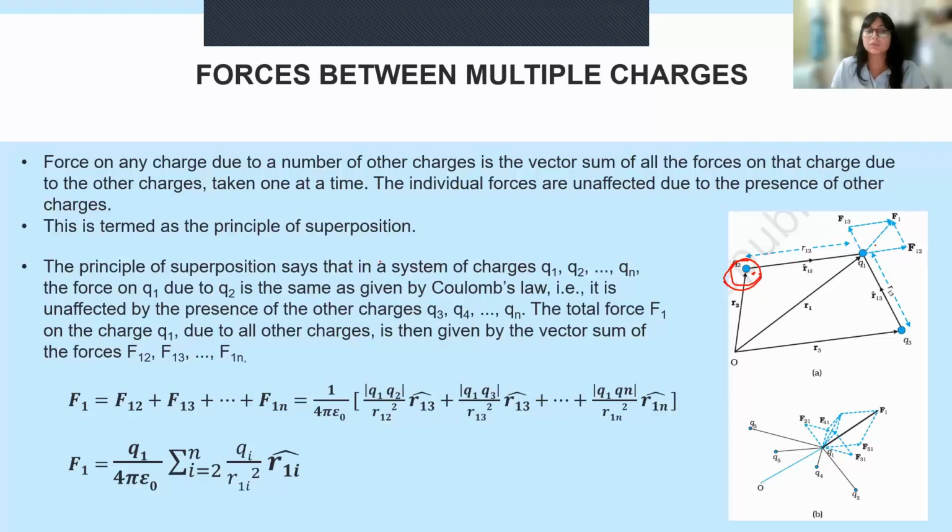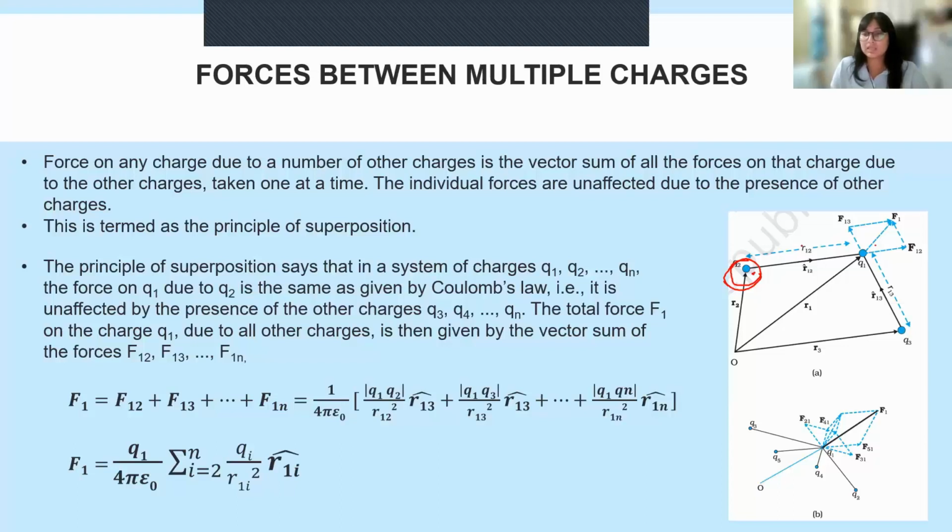The principle of superposition says that in a system of charges, say from Q1, Q2 to Qn, the force on Q1 due to Q2 is the same as given by Coulomb's law, and it is unaffected by the presence of the other charges.